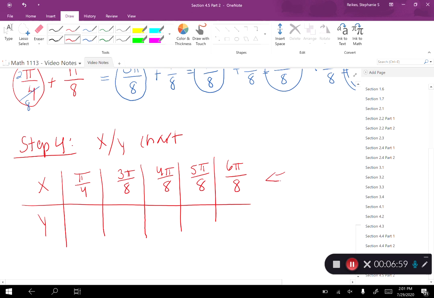Sometimes I don't, depending on the original function. Sometimes it's helpful to keep that denominator, but just make sure at the end when you finally do graph that you go ahead and reduce those fractions. So remember, pi over 4 is your left VA, so I don't need to do any calculation there. And 6 pi over 8 was my right VA, so I only need to calculate the 3 middle terms.